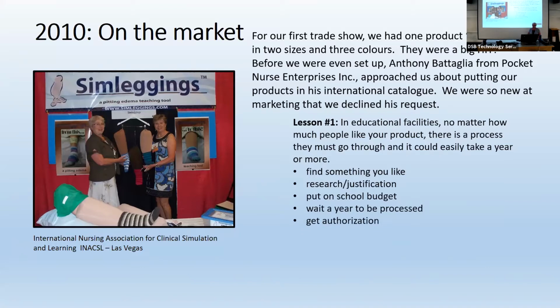You wait for a year for it to be processed, you get authorization, you order, and finally get to use it. That first year was a real eye-opener for us because nobody ordered it at that first show, and that's why. You just can't order and buy. Our product was valued at just under $400, and that's over most people's limit of just spending cash to pick up. It was a major investment.